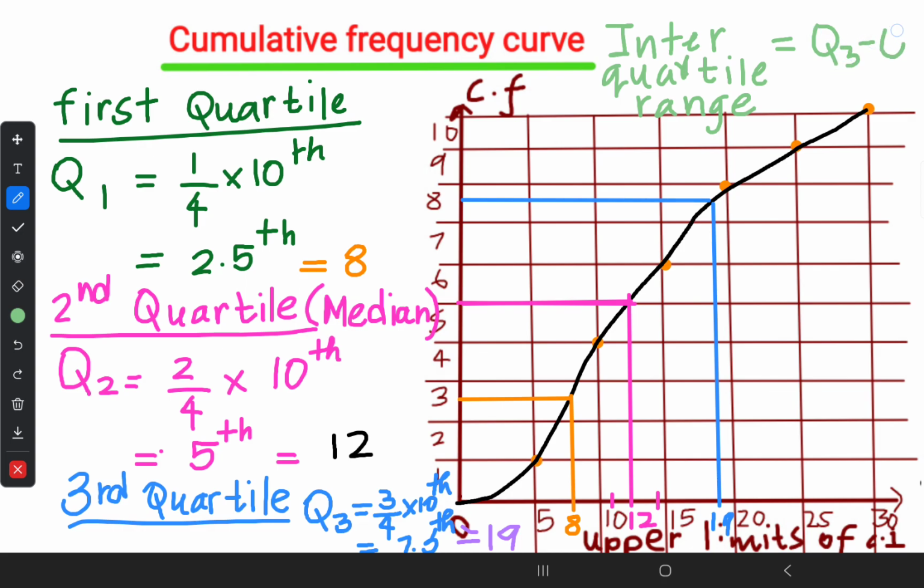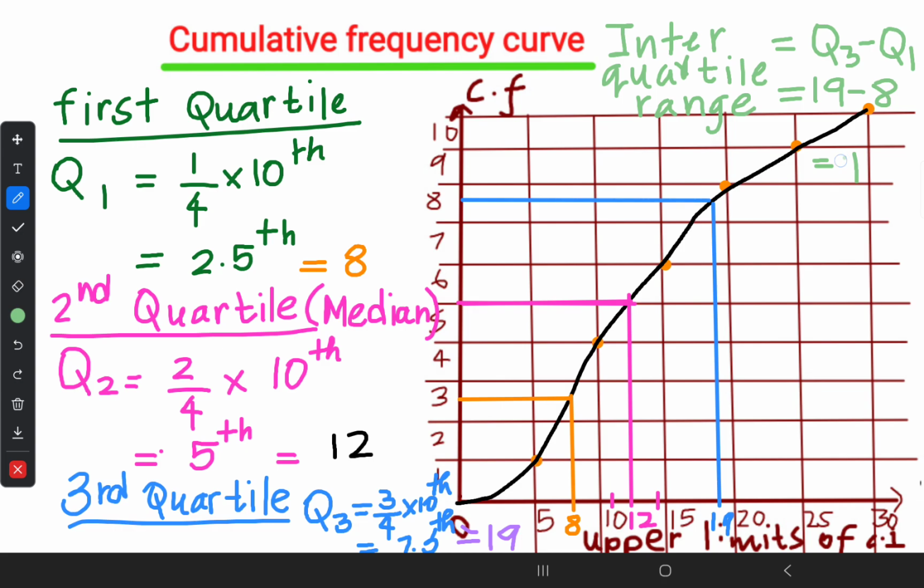After finding Q3 and Q1, when you subtract those values, that will give you the interquartile range. The Q3 value is not 7.5. Across 7.5, you produced a straight line to identify the exact value for the third quartile, which is 19. From that 19, you subtract Q1. The Q1 value was 8. So 19 minus 8 is 11.